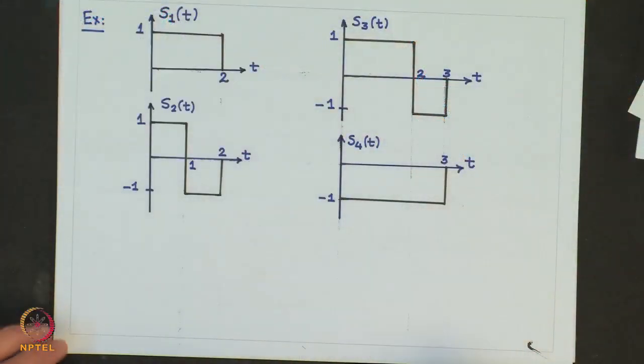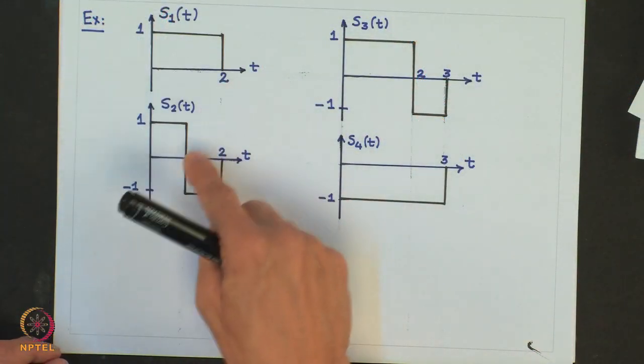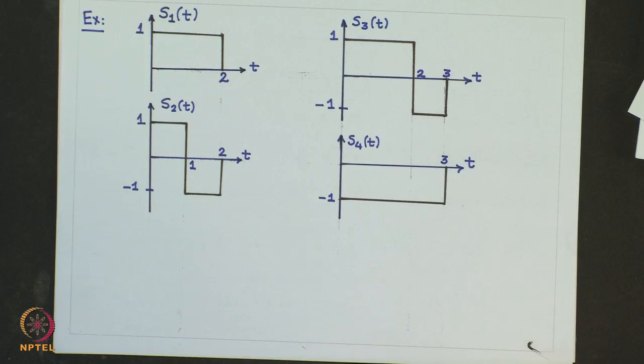Okay. So, let us take an example to appreciate what we have done. Let us say that I have 4 waveforms given as shown here, s1(t), s2(t), s3(t), s4(t).